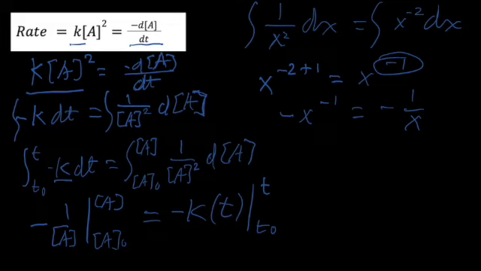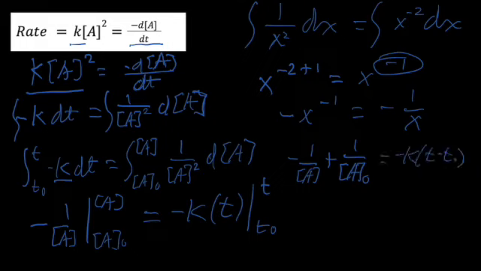So over here, what we really have is that negative 1 over concentration of A minus, so that's a plus 1 over the concentration of A naught equals negative K times T minus T naught.